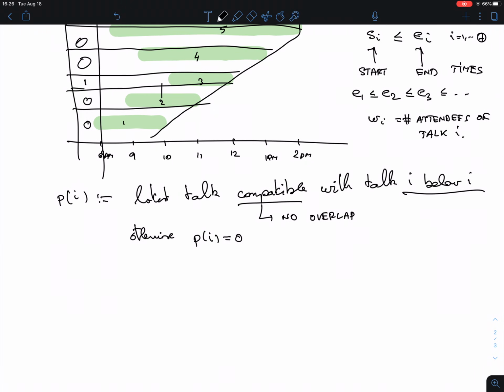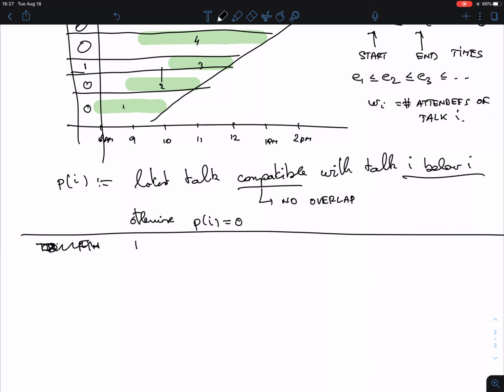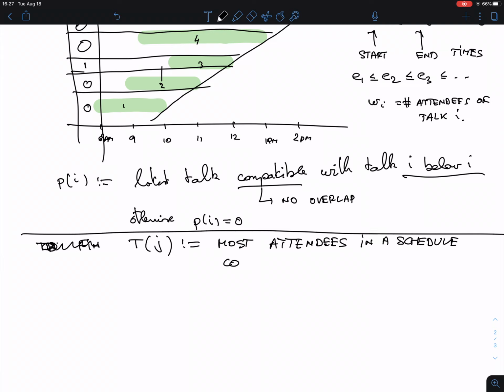Now, here is what the algorithm is going to do. As I said, it's recursive. Let's call it this way: T_j is going to be the most attendees in a schedule of talks 1 up to j.